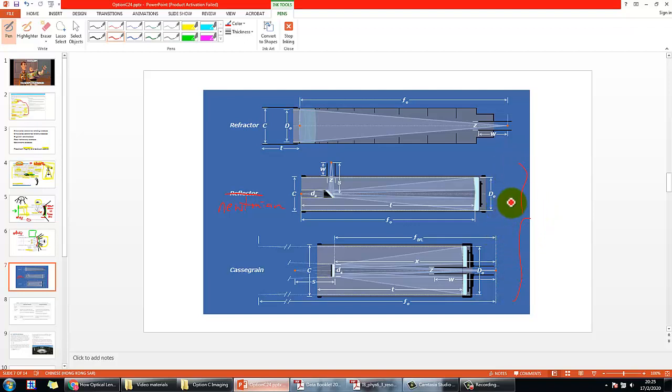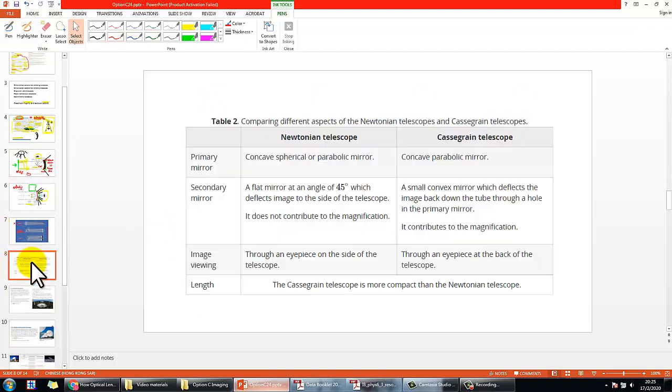Some people may like to use Newtonian, some people may like to use Cassegrain, because both of these got its own advantages. So there's no definite win. But comparing to refractor or refracting telescope, people don't quite like to use it if you call yourself having such a hobby for stargazing. So usually you have a reflecting telescope.